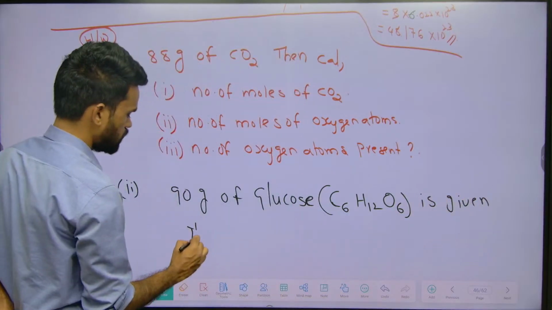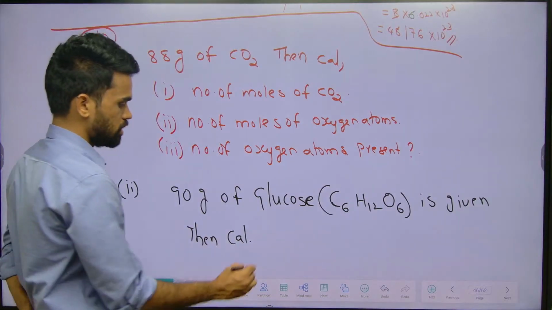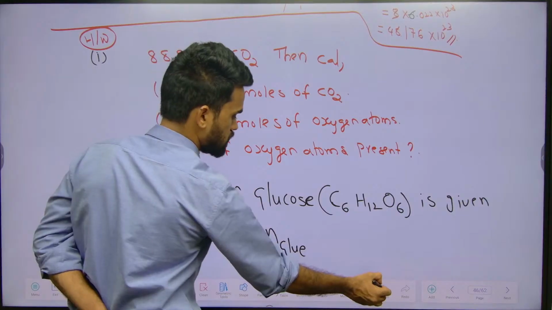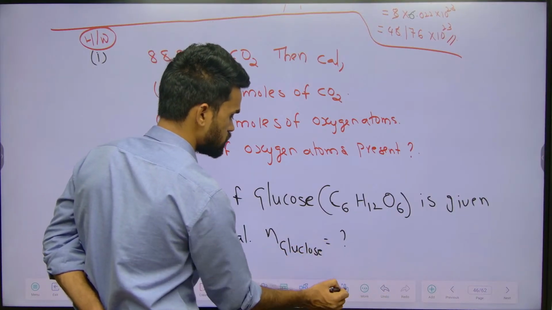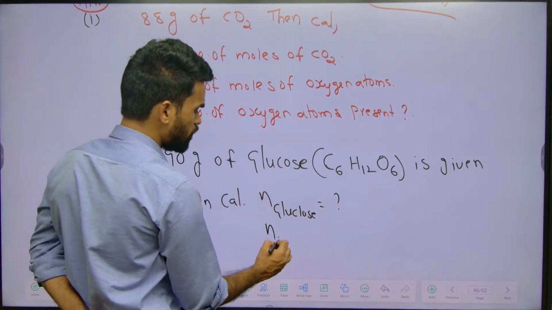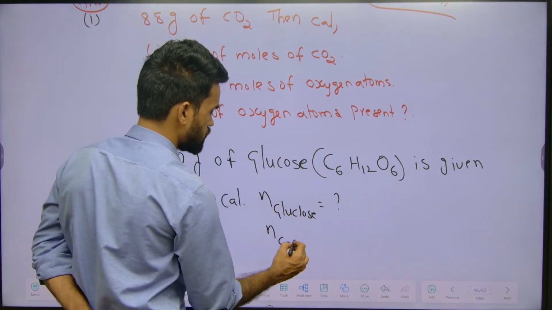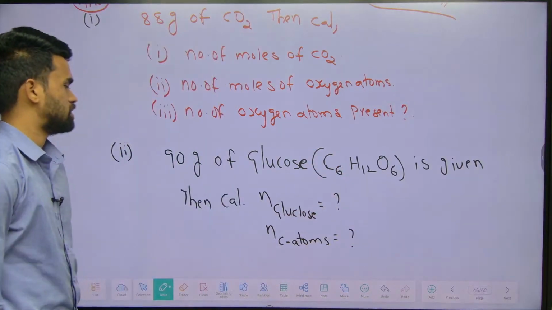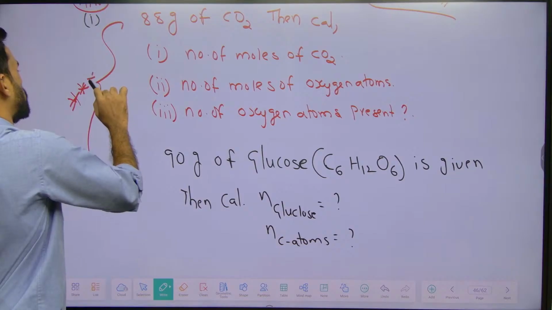Then calculate the number of moles of glucose. How many moles of glucose are given? Calculate the number of moles of glucose, and then the number of moles of carbon atoms. Okay, that's it. Just try these 2 questions and tell me your answer in the comment box.